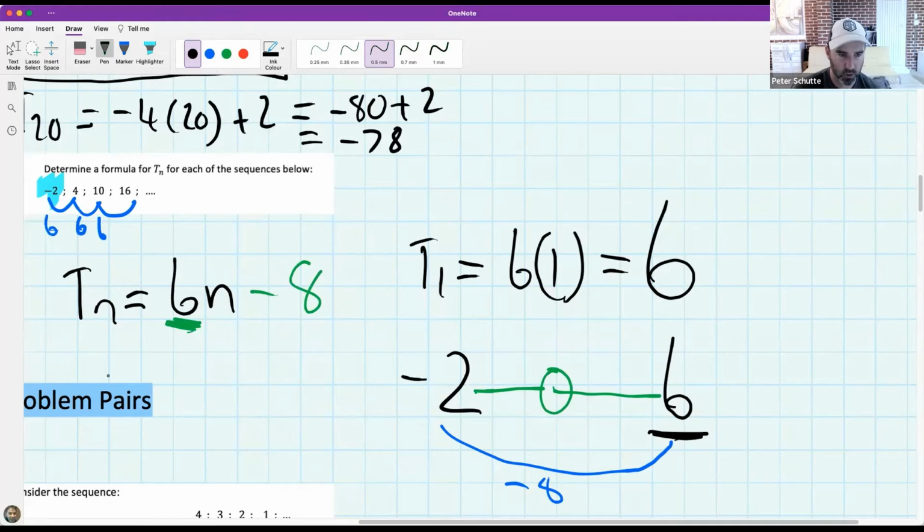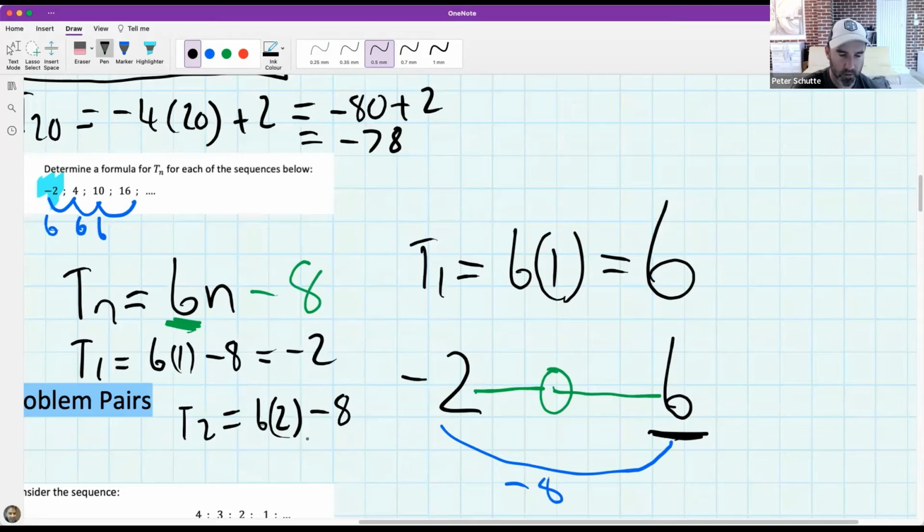Now, if we've done this correctly, let's just see. T1 is now going to be -2. And what is T2 going to be? It's going to be 6 times 2 minus 8, which is 12 minus 8, which is 4.